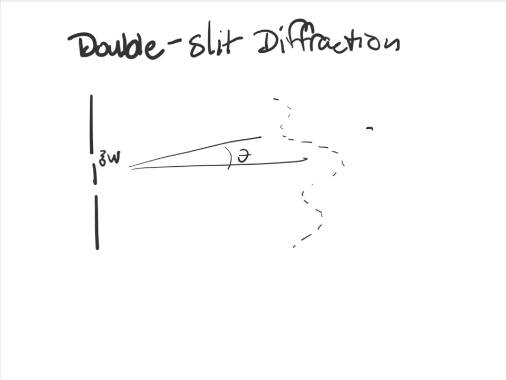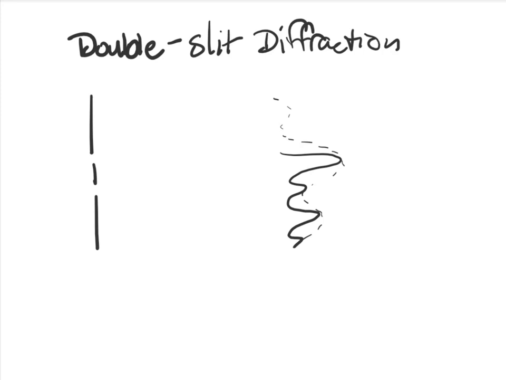And that angle, theta, where sine theta equals lambda over W, that's still true for this sinc envelope. And here is the difference: there is another pattern in the far field, and it is a cosine in amplitude or a cosine squared in intensity, and it is multiplied by that sinc or sinc squared envelope.